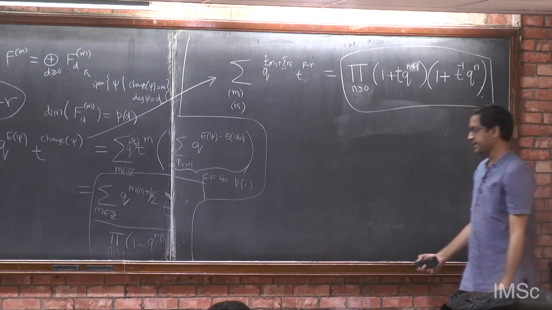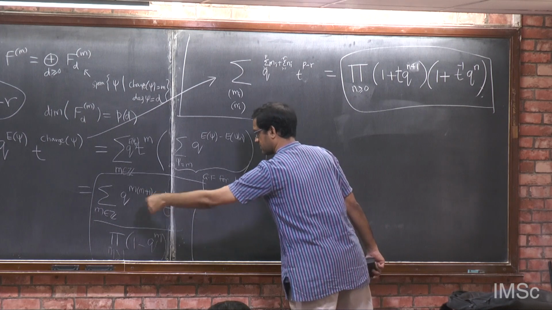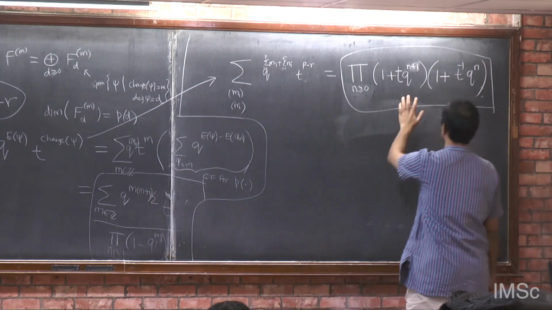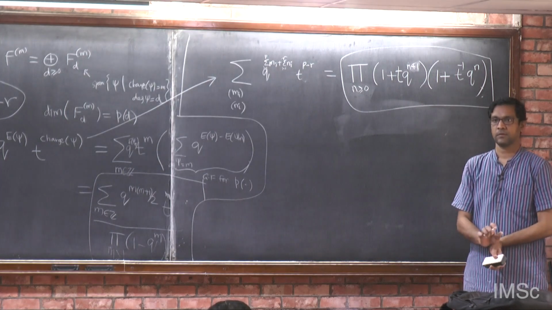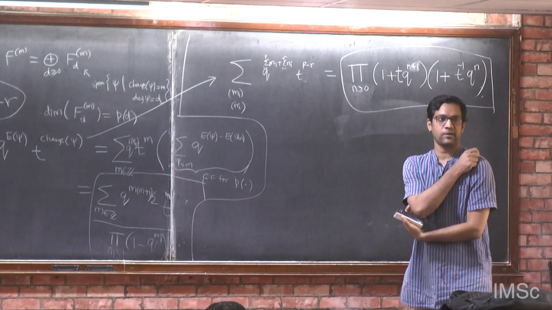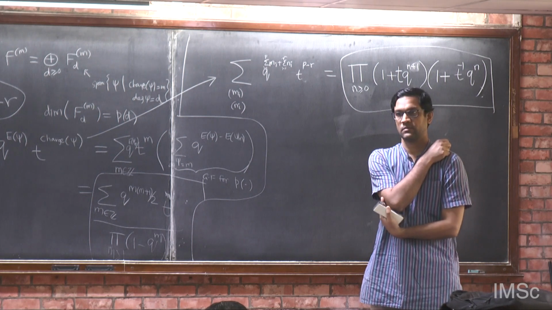Okay. Now what identity is this? This sum divided by this product equals this product. It's a Jacobi triple product.